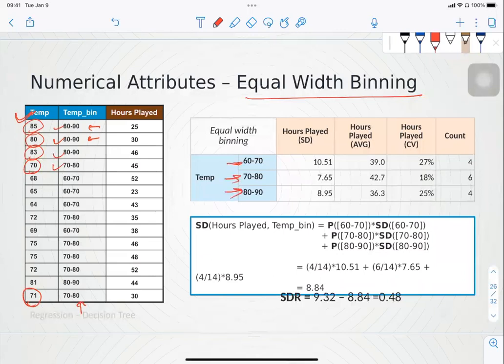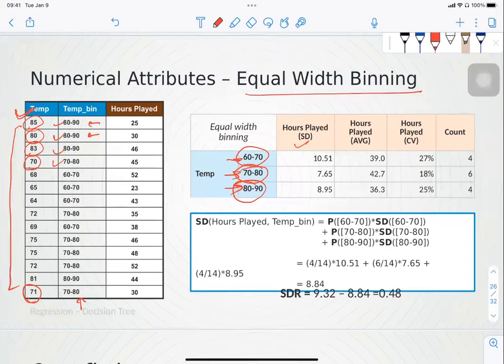Before, we were not able to divide numerical temperature into different categories because we would have to consider each and every value in the column. But now after binning, we just have 3 tuples which we need to consider, and we can calculate the standard deviation reduction for those 3 values, similar to what we did before.